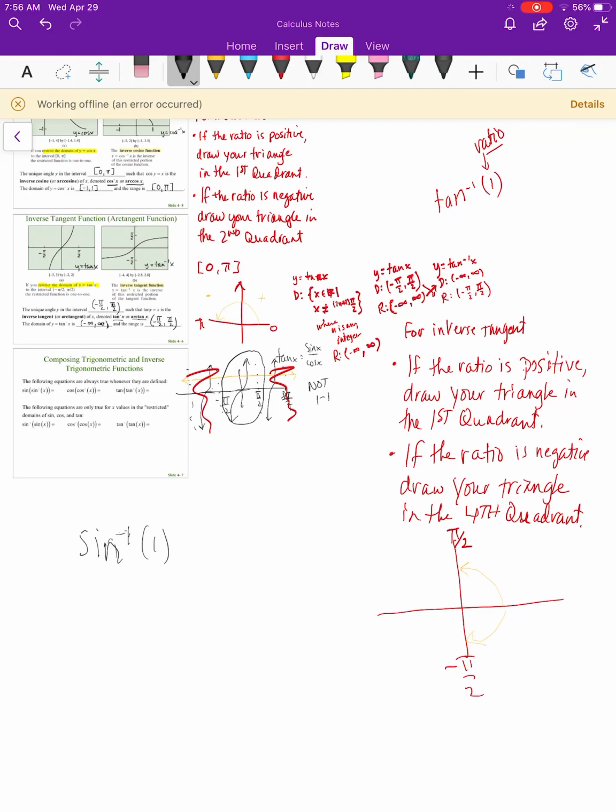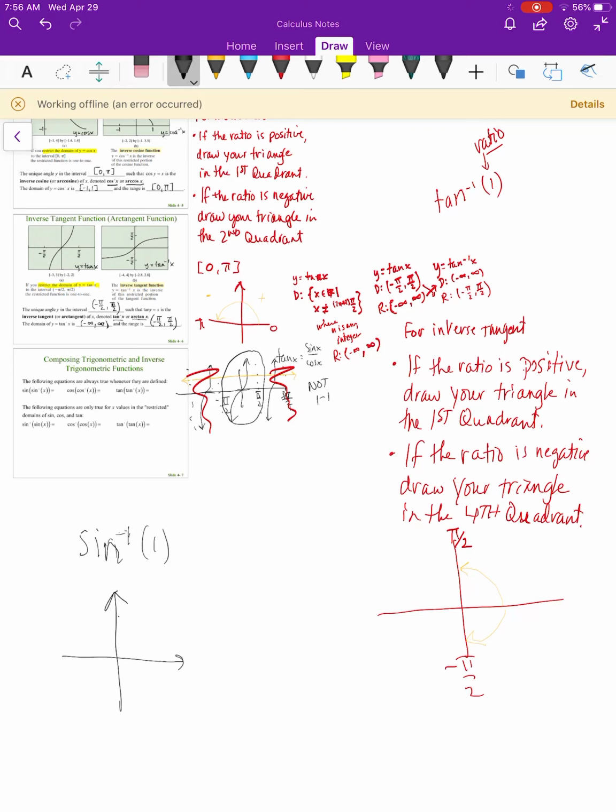that if you had a problem, what is the inverse sine of 1? And you say, okay, here we go. It's positive. I'm going to go to the first quadrant. But then you quickly realize that if you put 1 over 1 here, that doesn't work.